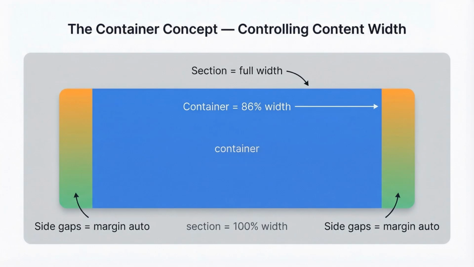Think of it this way. The section is responsible for background colors and full width effects like shadows or gradients. The container inside it is responsible for keeping the actual text and content within a readable, centered column. The orange areas on the sides are the automatic margins that push the container to the center. This pattern repeats on every section of the page.